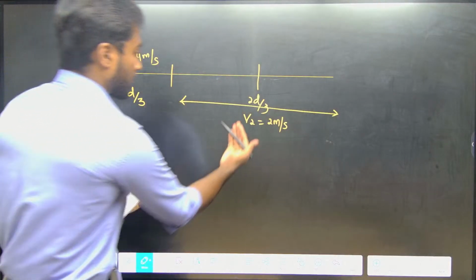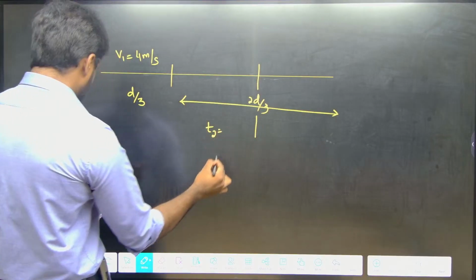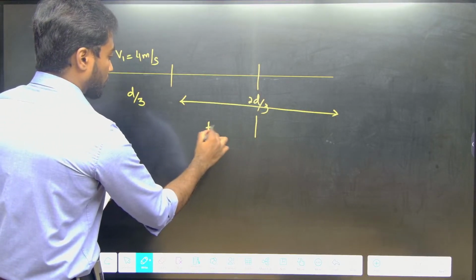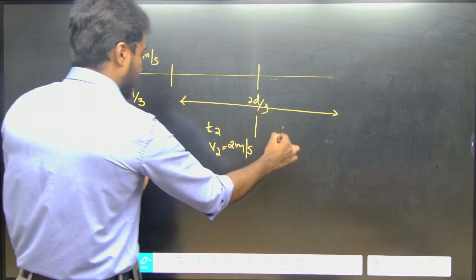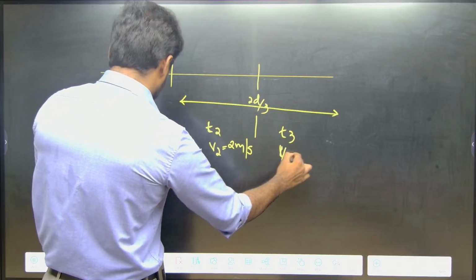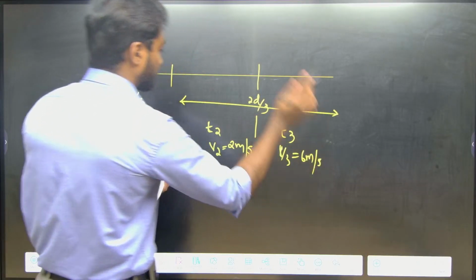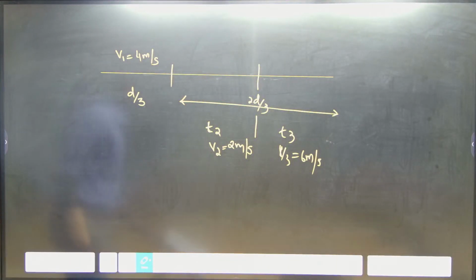Okay, first half the time they have given. First half the time in the sense T2 is equals to T2. So V2 will be equals to 2 meter per second, and T3, it is how much? V3 is equals to 6 meter per second. Find the average velocity for the whole motion.